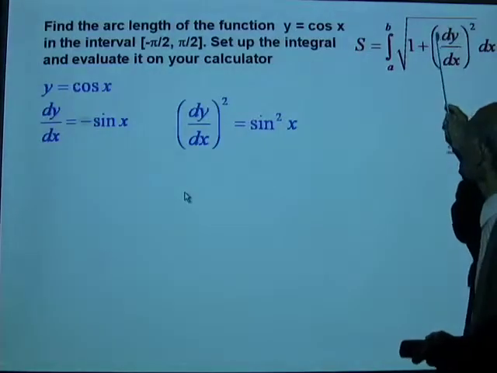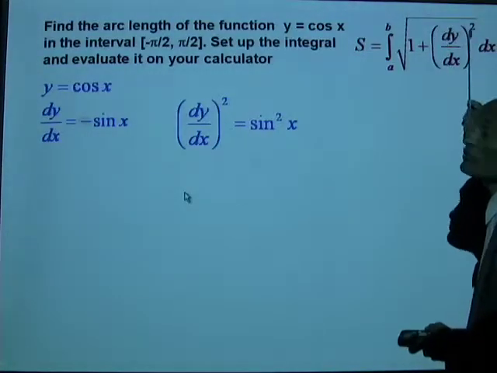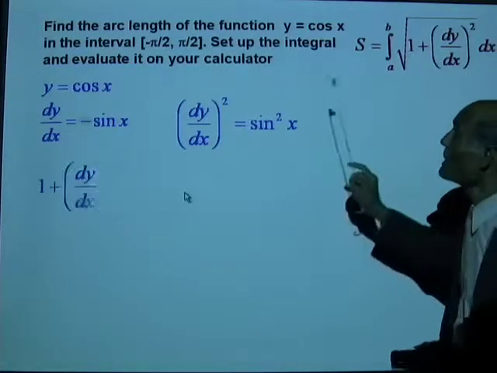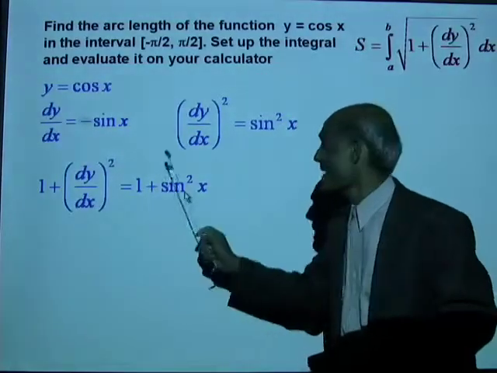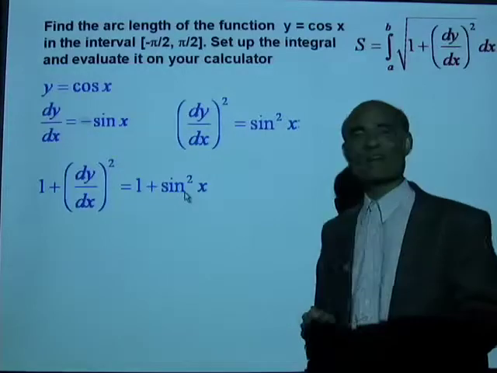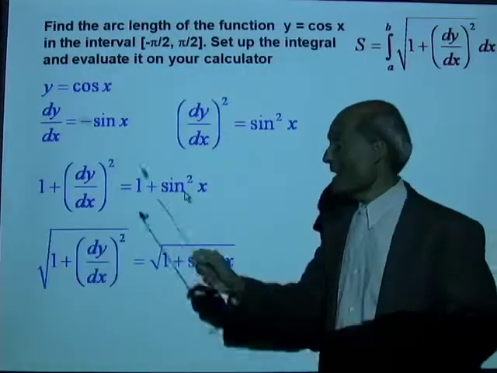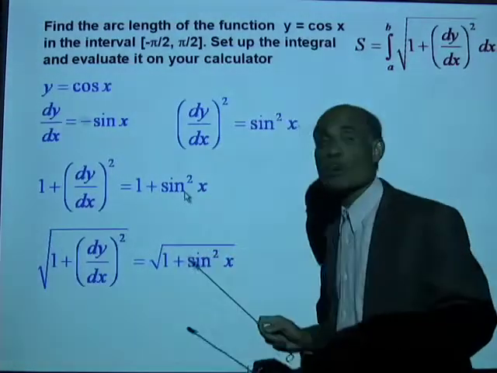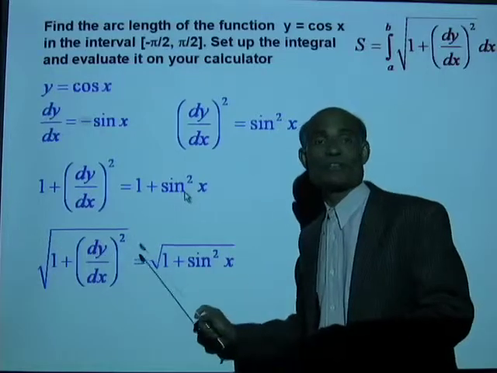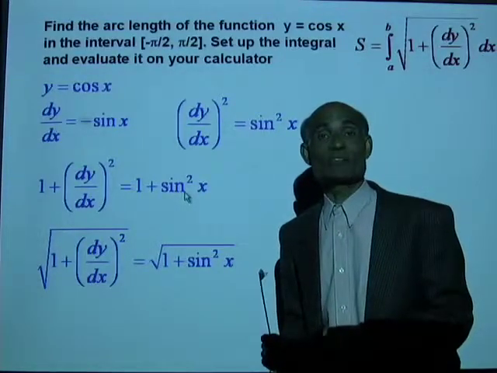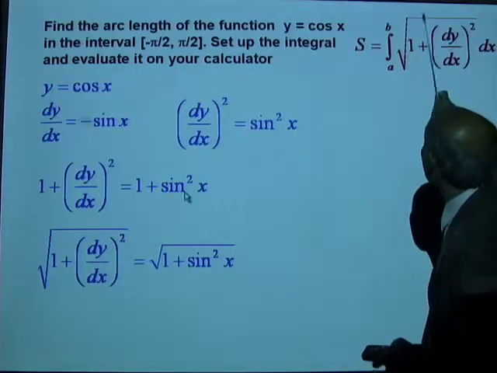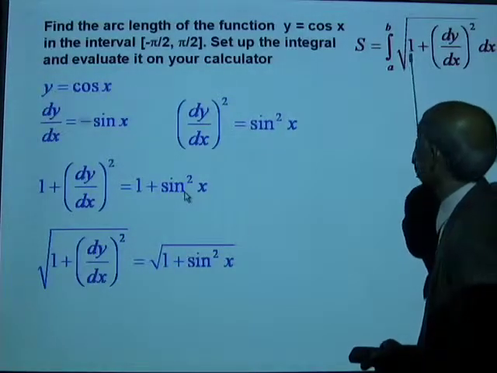So we have now found dy by dx all squared. We now need 1 plus dy by dx all squared, and that will be 1 plus sine squared x. Well, and finally, what is the square root of that quantity? It will be square root of 1 plus sine squared x. We have now this complete quantity.